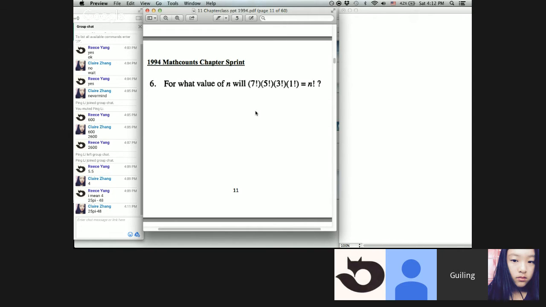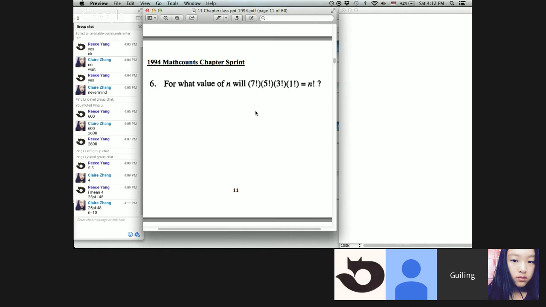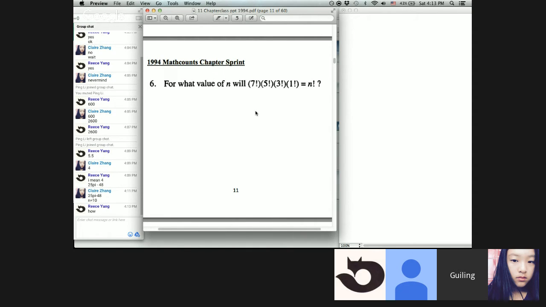I always like these problems because they're like little puzzles. Okay, nice job, yeah. N equals 10, and I'll explain it really quickly.